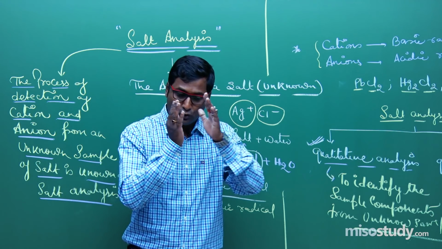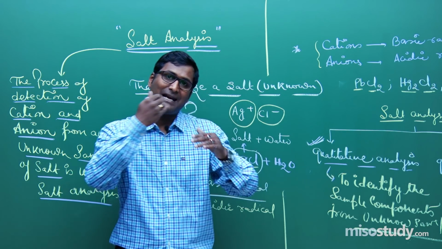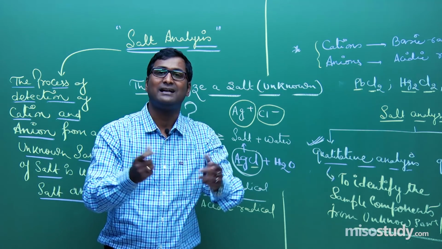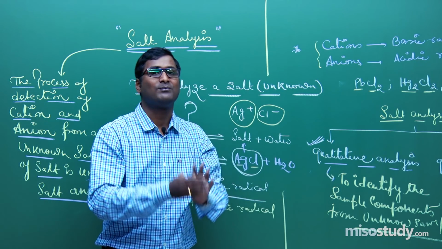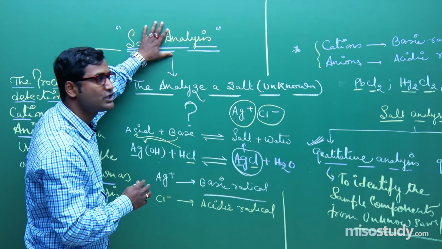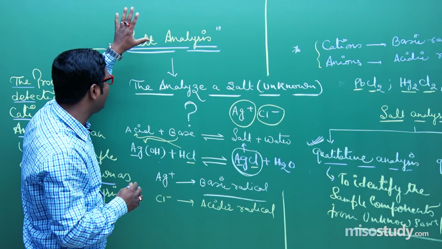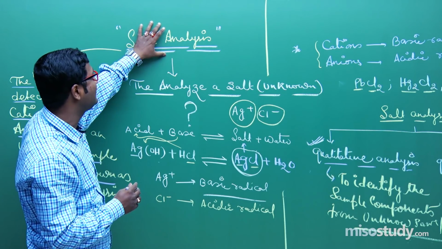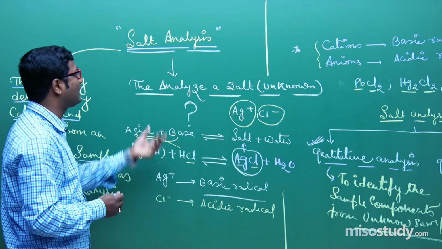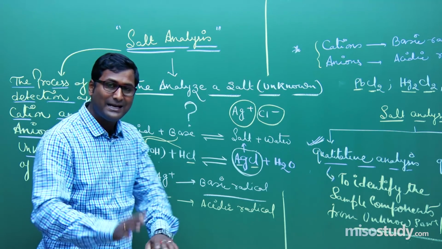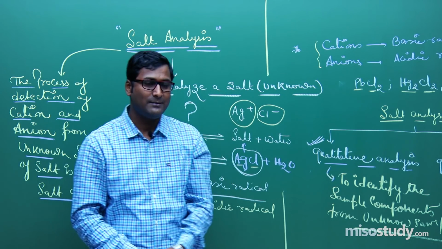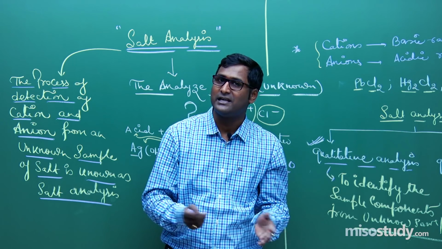To identify cations and anions, this is known as salt analysis, that is to detect them from the unknown sample. This is a completely practical-based chapter. In laboratory classes, you have seen and done lots of practicals on this topic. Clear? Now salt analysis is of two types: qualitative and quantitative.